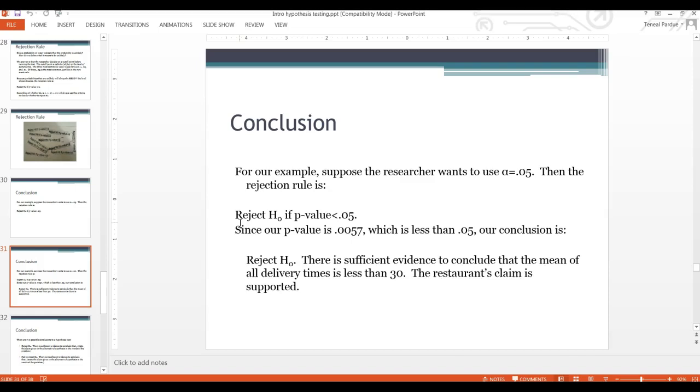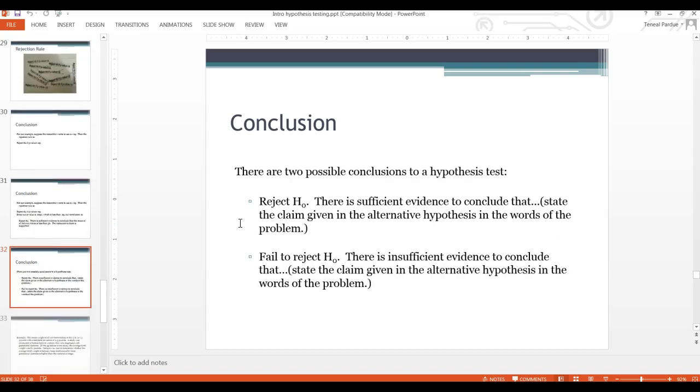So in our problem, we got a p-value of 0.0057. That's less than 0.05, which means our conclusion is that we are going to reject H naught and say that there is sufficient evidence to conclude that the population mean, or the mean of all delivery times, is less than 30 minutes, which supports the restaurant's claim.